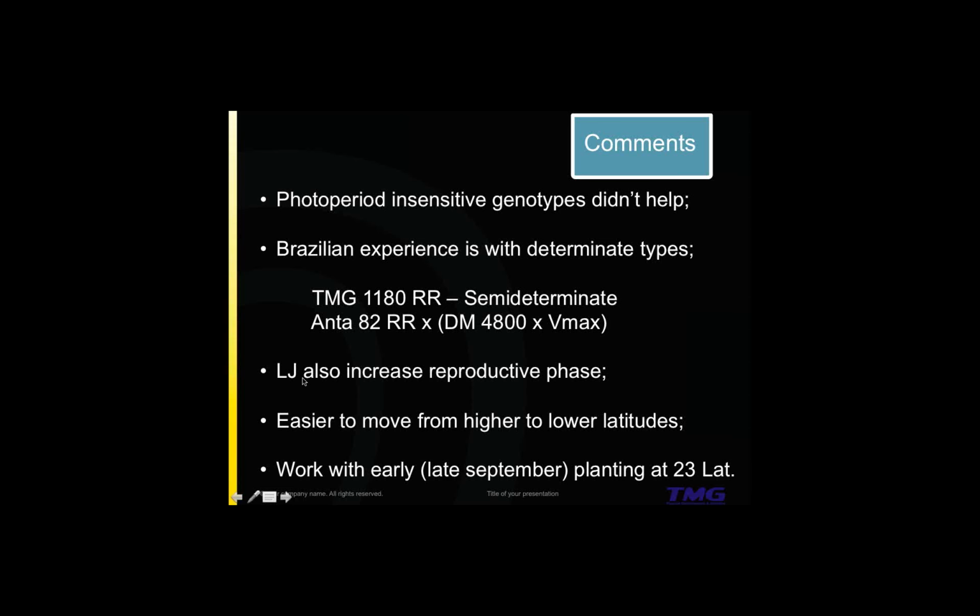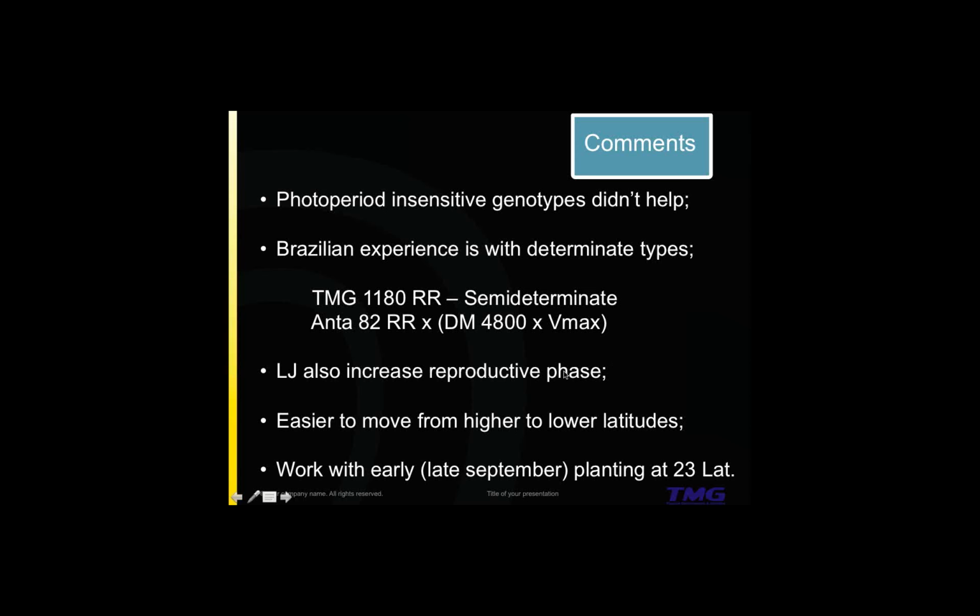Another observation that I would like to make is that the long juvenile trait, besides increasing the vegetative phase, also, as you know, increases the reproductive phase of the plant.